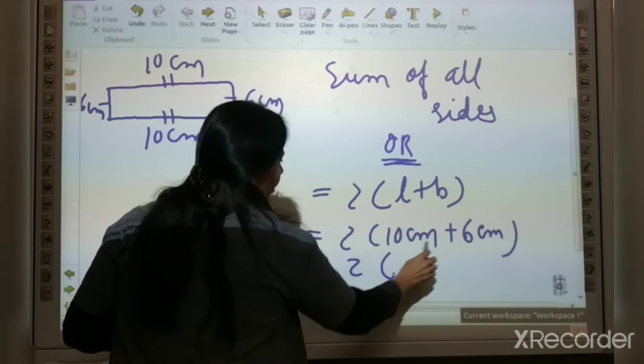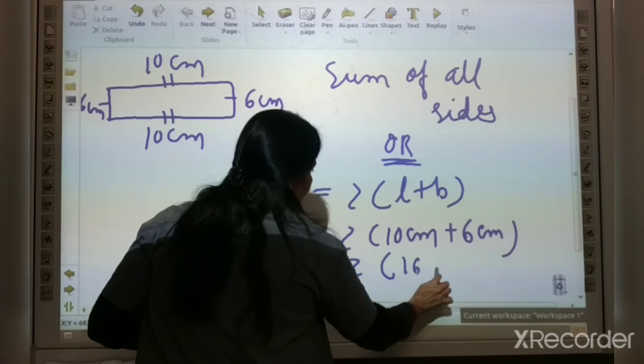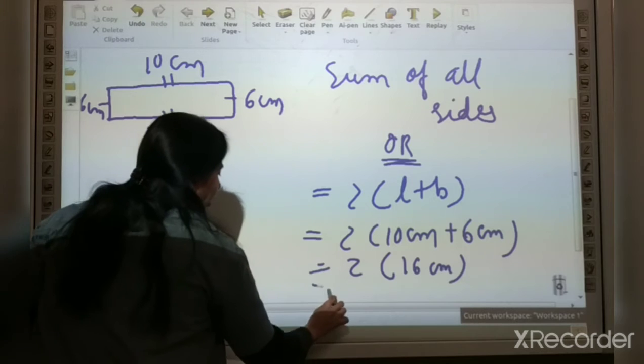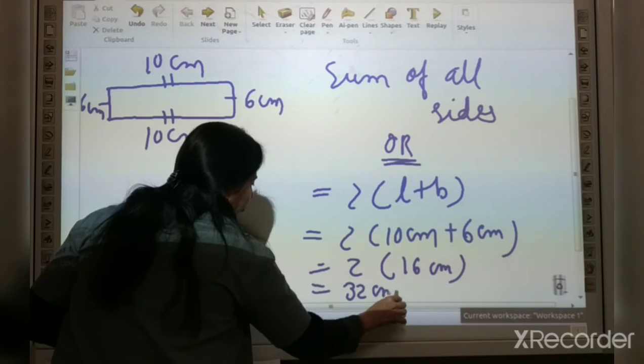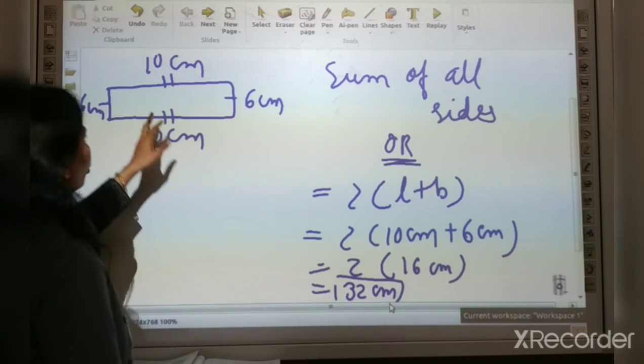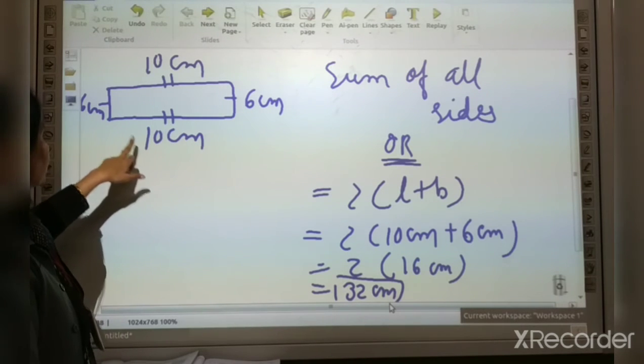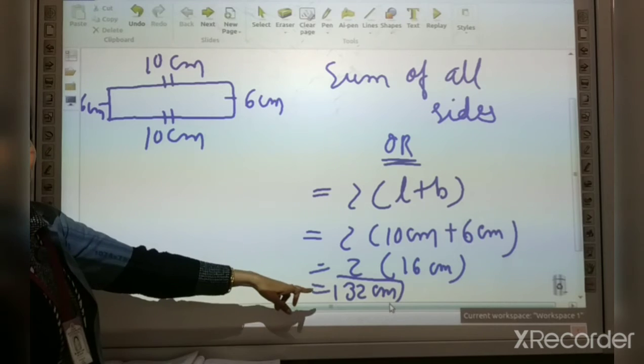So 2 into 10 plus 6, 16 centimeter. 16 2s are 32 centimeter. This is sum of all sides. 10 plus 6 is 16, 16 plus 10 is 26, 26 plus 6 is 32.